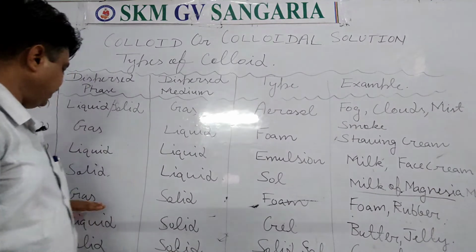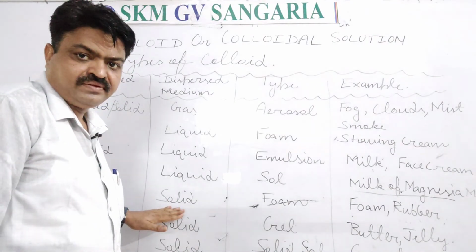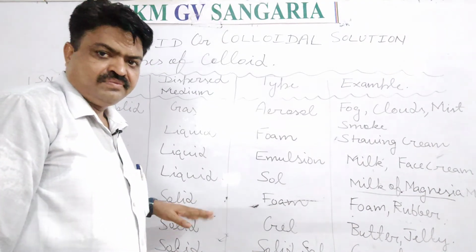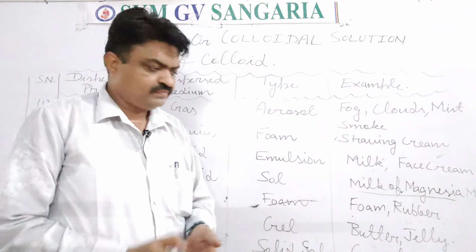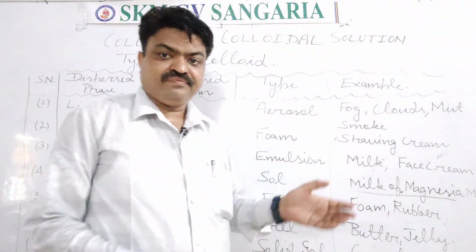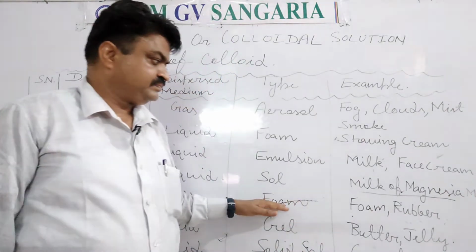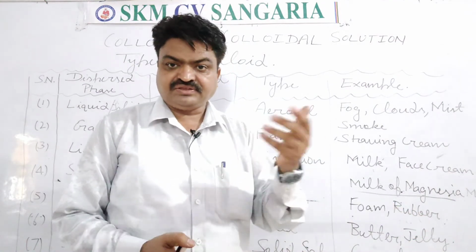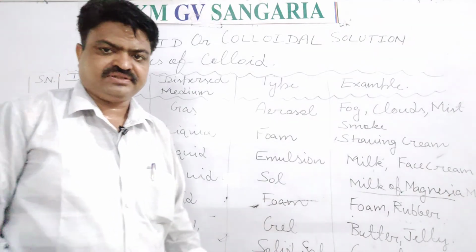Now here, when the gaseous particles are dispersed into solid, it is used to make different articles, like sponge balls or foam mattresses. Foam mattresses are made with the help of this. And rubber is also a natural foam, student, natural colloid, we can say.